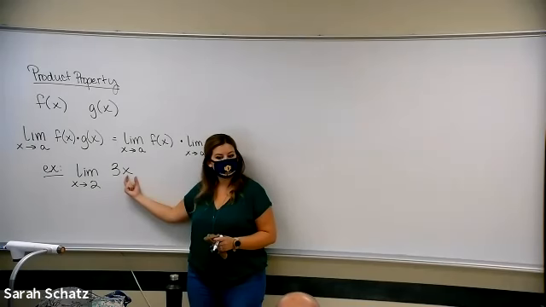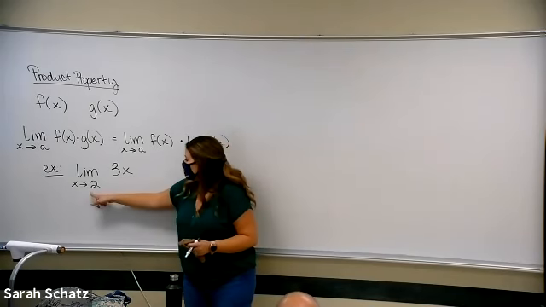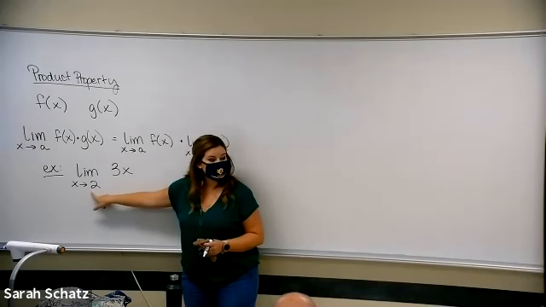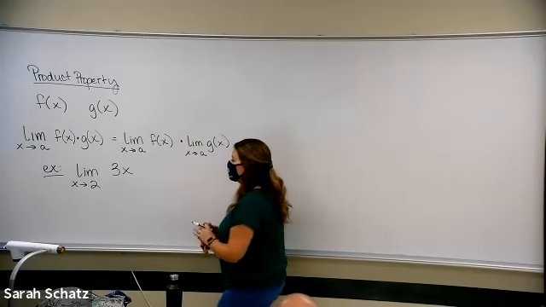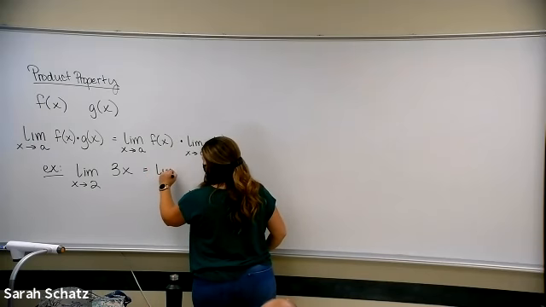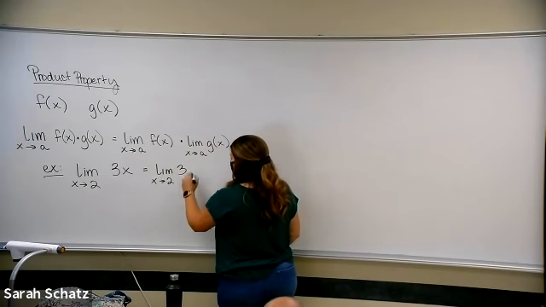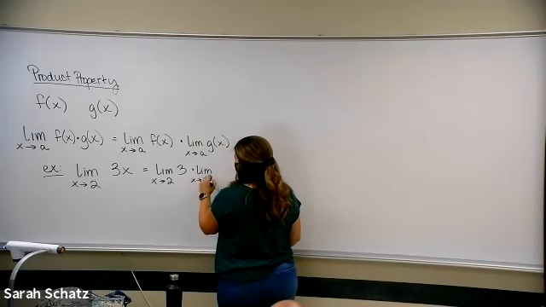And the x is an identity function. There's two functions multiplied together. And I want to find the limit as x approaches 2. So my property says that I can break it up. It says that I can take the limit as x approaches 2 of the 3, and then multiply that by the limit as x approaches 2 of the x.